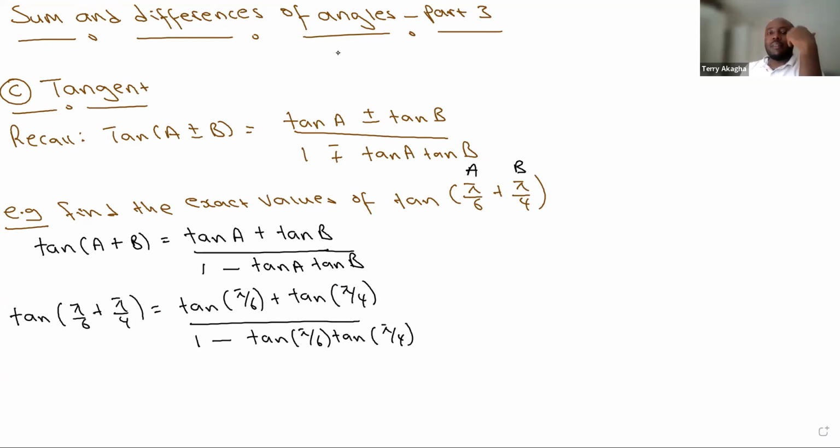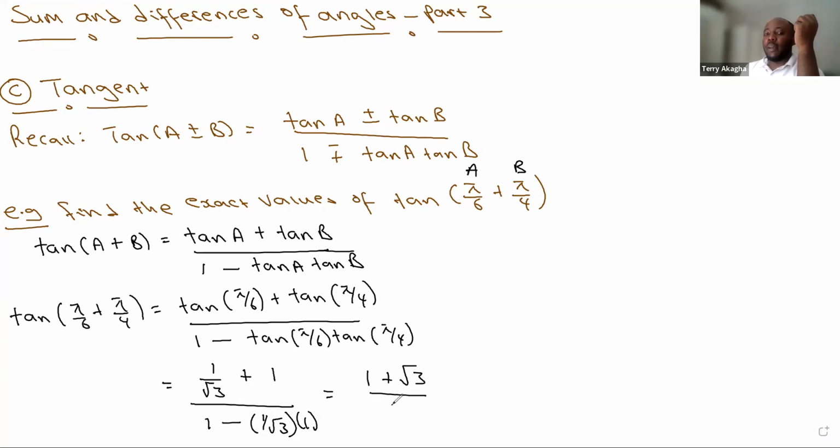Then we're done with that, and we just basically simplify. So tan pi over 6 is 1 over root 3, and tan pi over 4 is 1. When you simplify, it's going to give you 1 plus 1 over root 3, which is root 3 plus 1 over root 3.